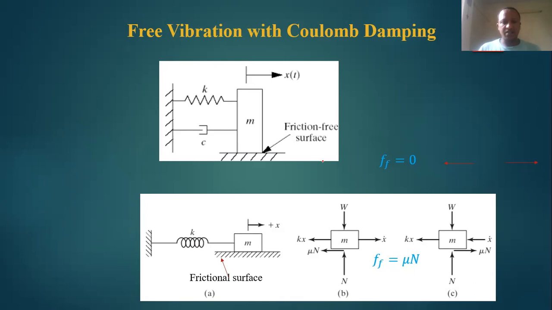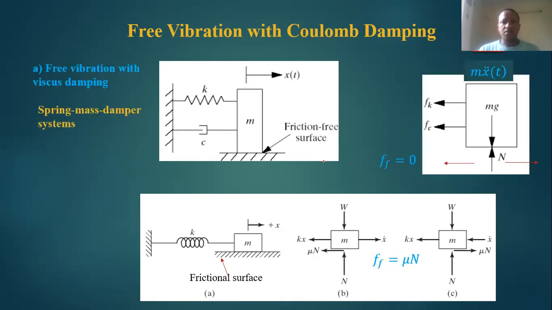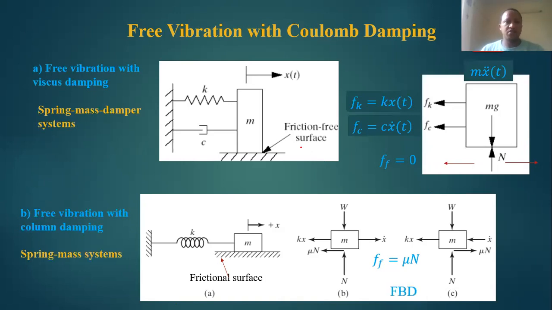But in the current case, the friction between the sliding object and the surface is not zero. There is some frictional value. Mu is different from 0 in this case.